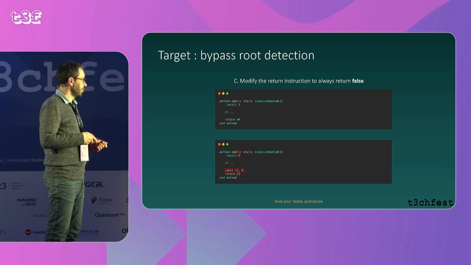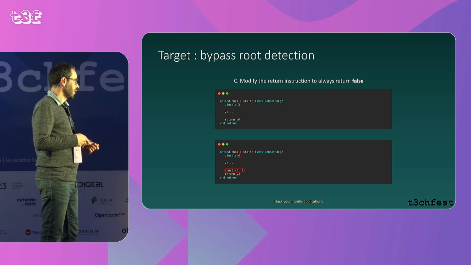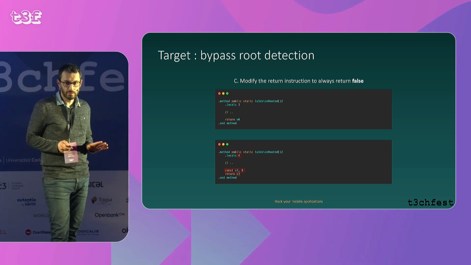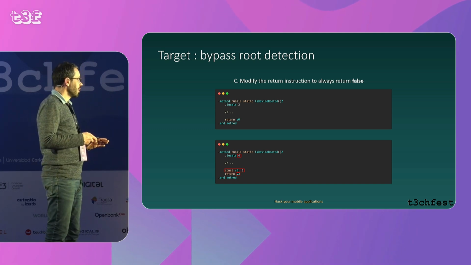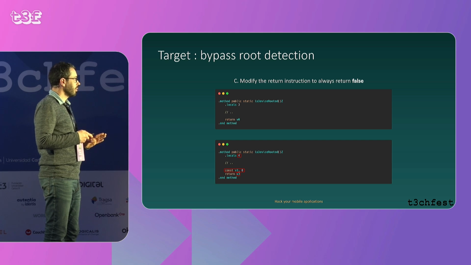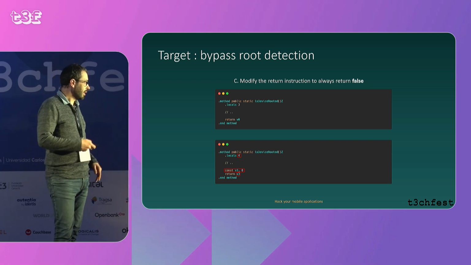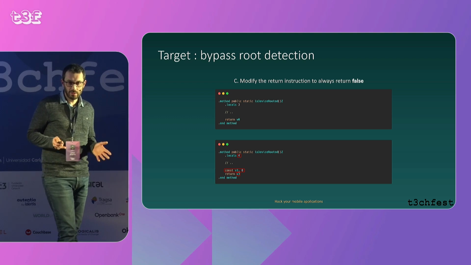So that's it. I will create another constant with 0 and return it. I don't change anything else. The other commands will stay as they are, but here it will always return false.